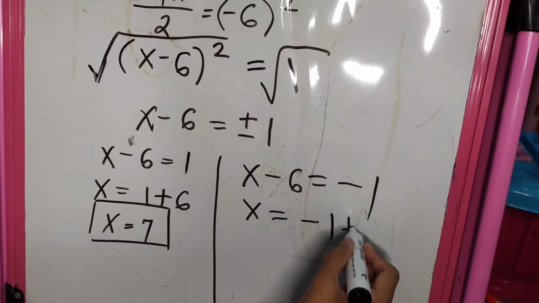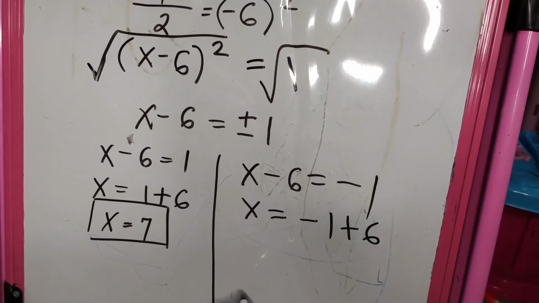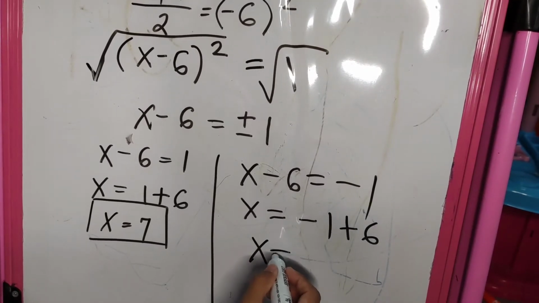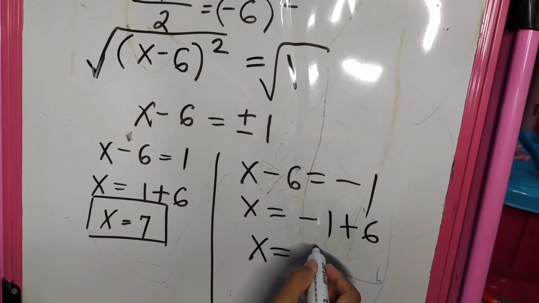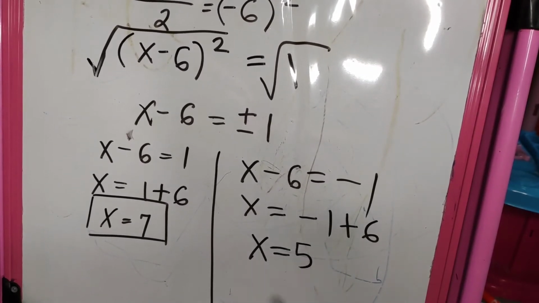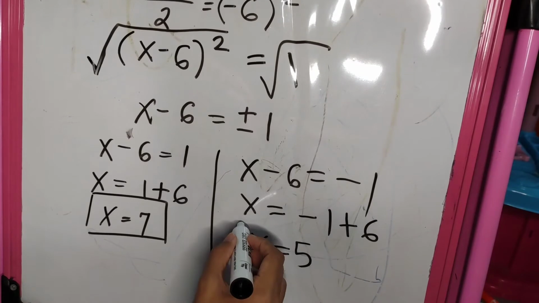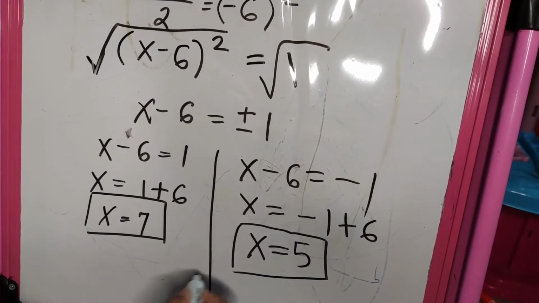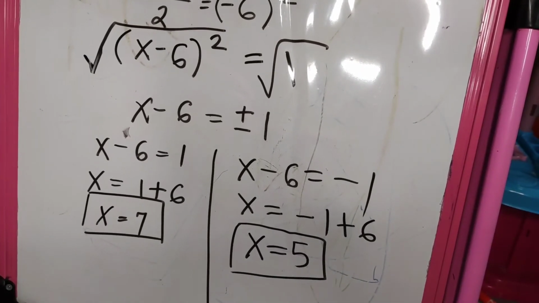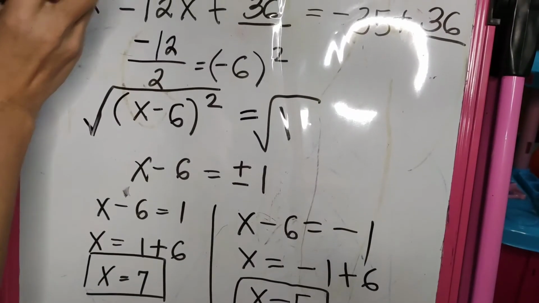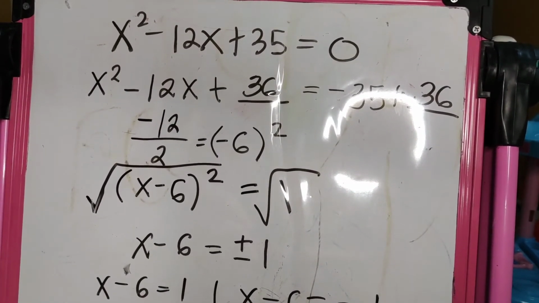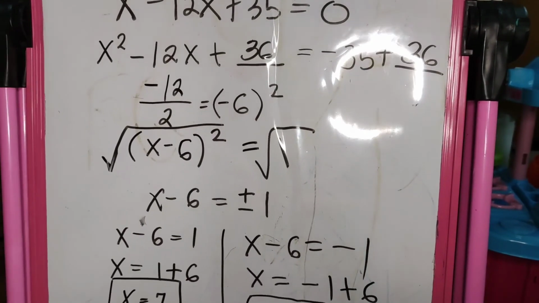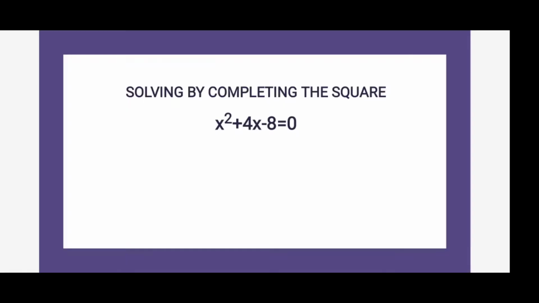This will become positive 6. X equals negative 1 plus 6 is positive 5, which gives us our second solution. So, the solutions for x squared minus 12x plus 35 equals 0 is positive 7 and positive 5.